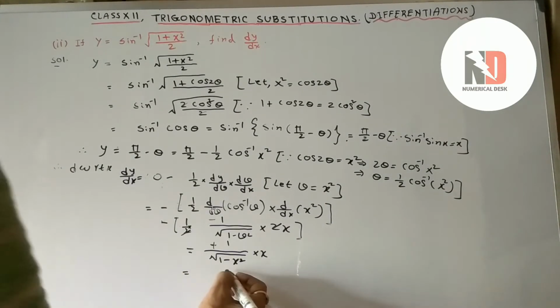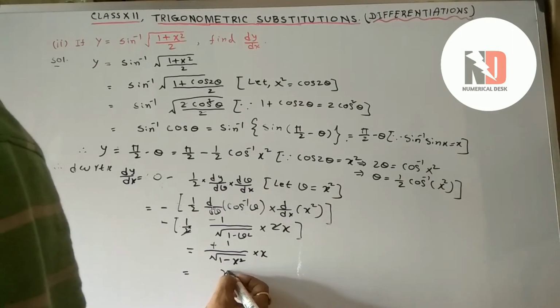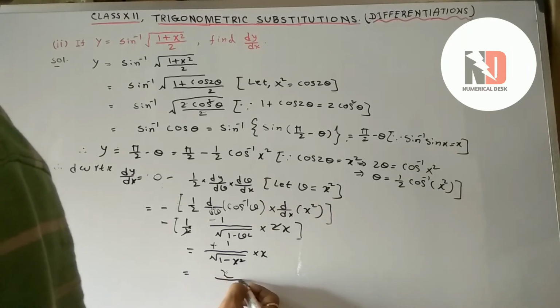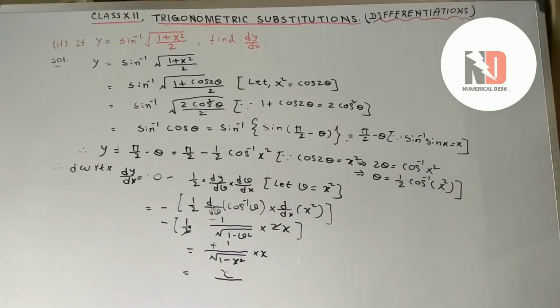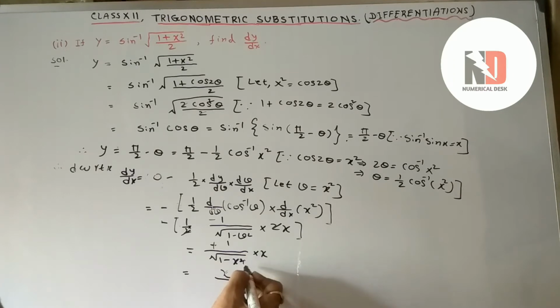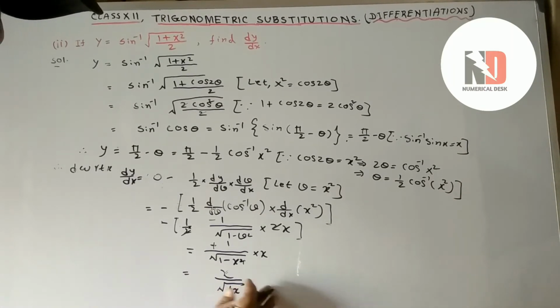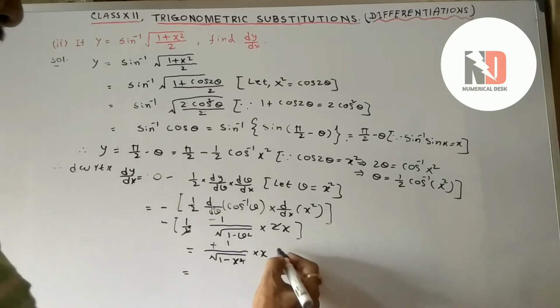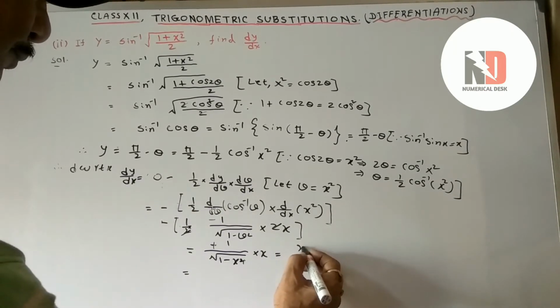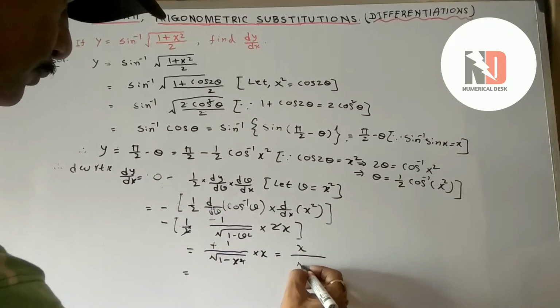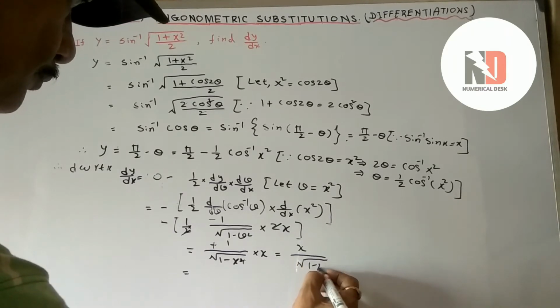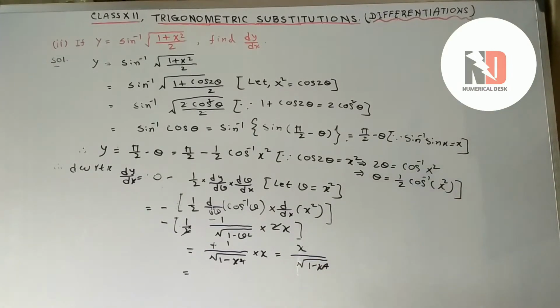So in all the steps, if you skip one step or are in a hurry, the entire sum will be a problem. So x to the power v equal to x square, so v square equal to x to the power 4. Finally arranging and writing the answer, x by root over 1 minus x to the power 4 is the answer.